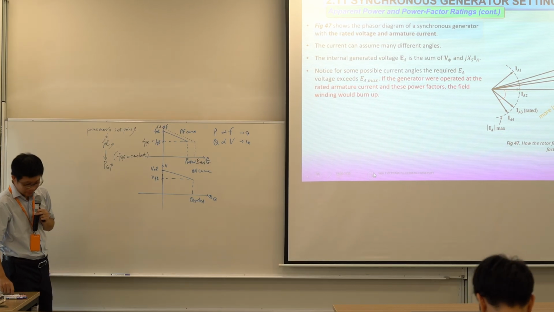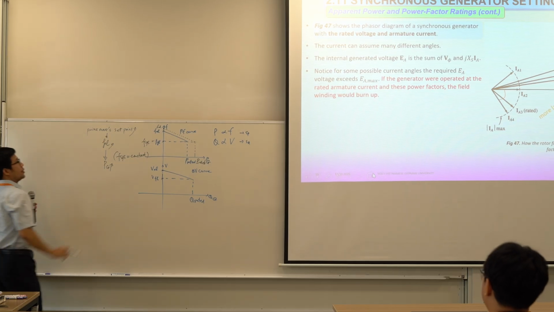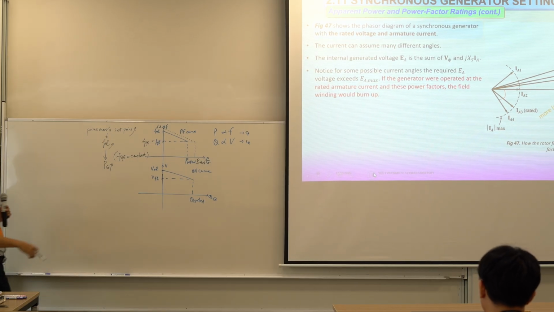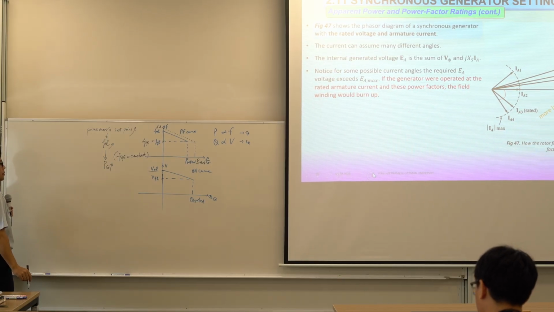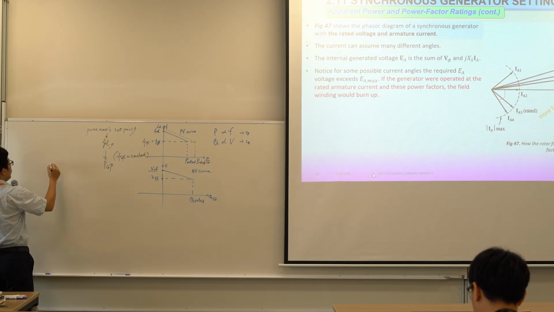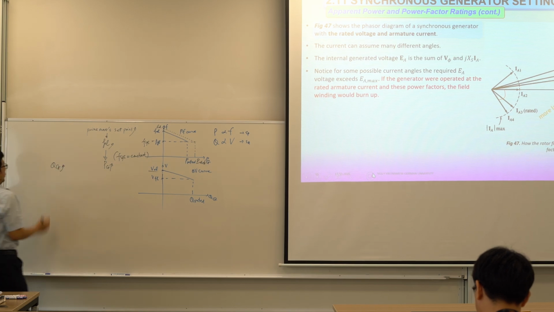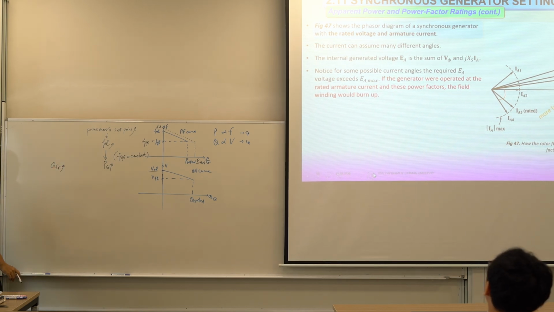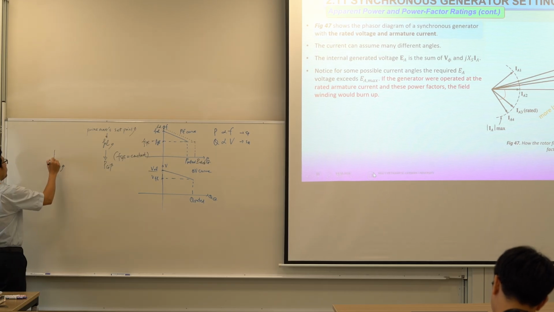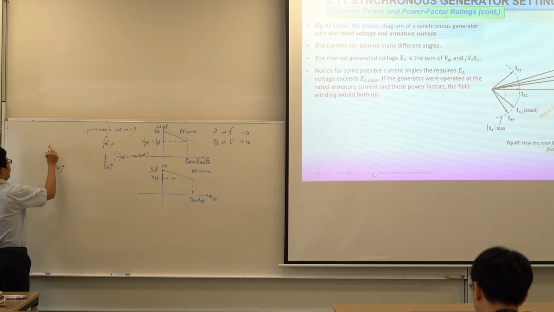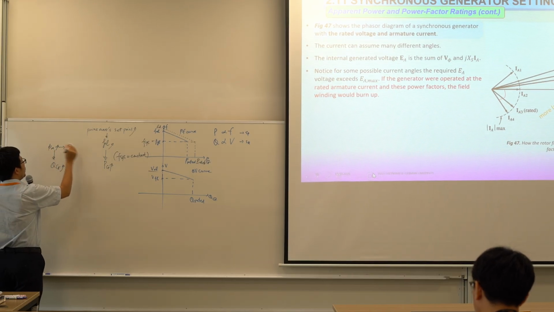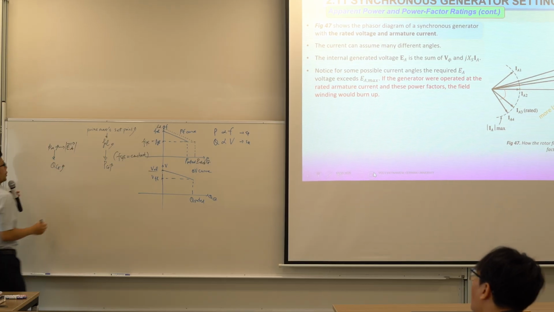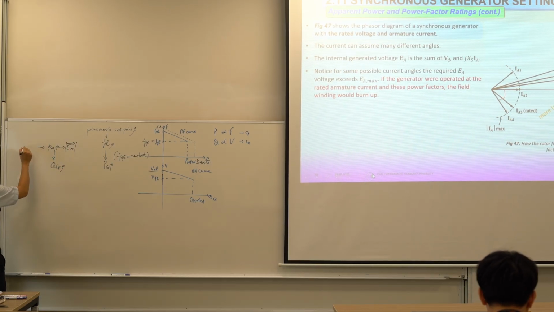Okay, come back. So now we talk about no load voltage. So if we would like to increase QG, which is generation reactive power, that means we need to increase phi M, right? Because when we increase phi M, that means we increase EA. Do you agree with me? But to increase phi M, we need to increase what?